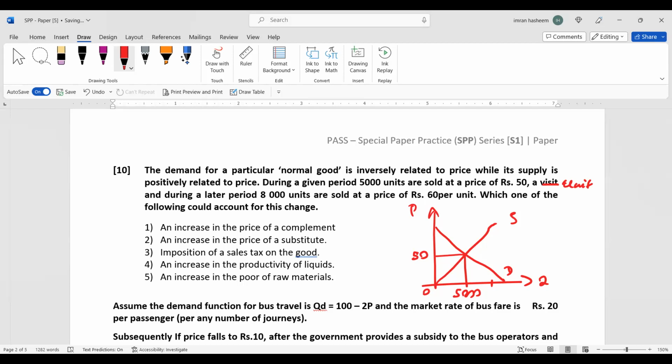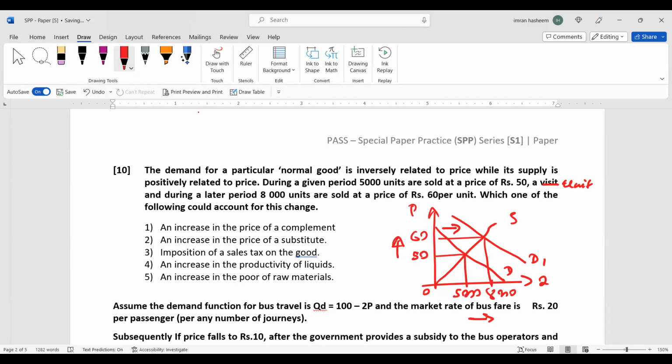There has to be a rightward, or outward, shift of the demand curve. And as a result, you will see the price increases to 60 and the quantity becomes 8,000. So we can justify it that way.